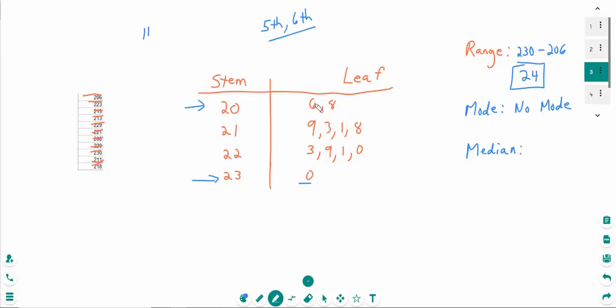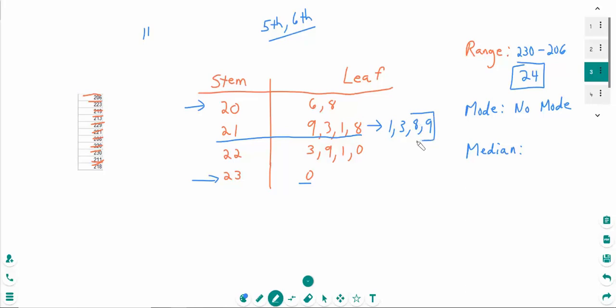So let's find them. So we have 1, 2, 3, 4, 5, and 6. So both 5 and 6 are going to fall in this stem and leaf. So I am going to order that stem and leaf from smallest to largest. So I have 1, 3, 8, and 9. And now I will recount to find my fifth and sixth numbers. 1, 2, 3, 4, 5, 6.